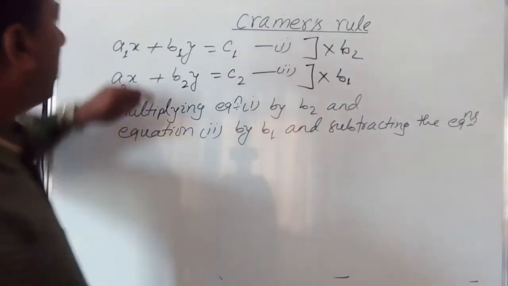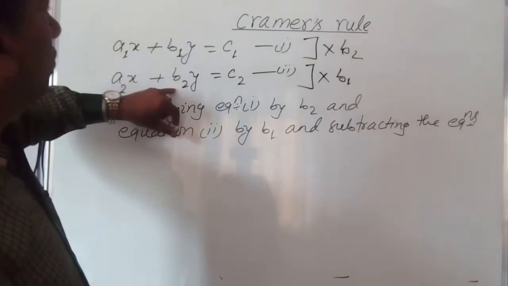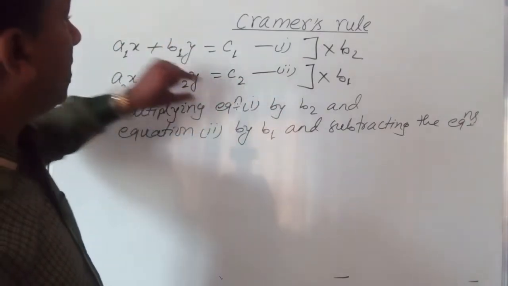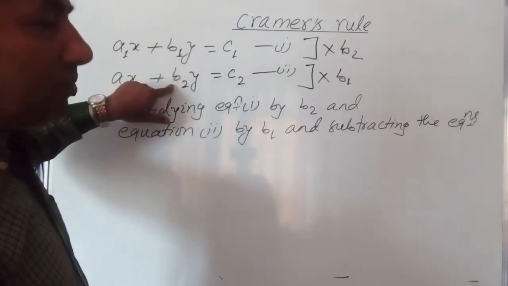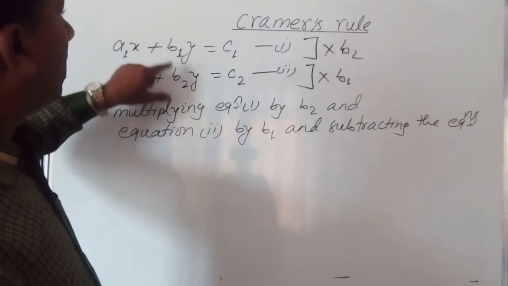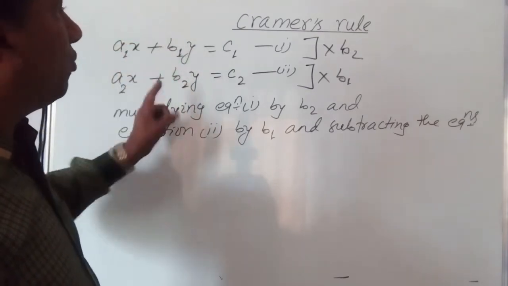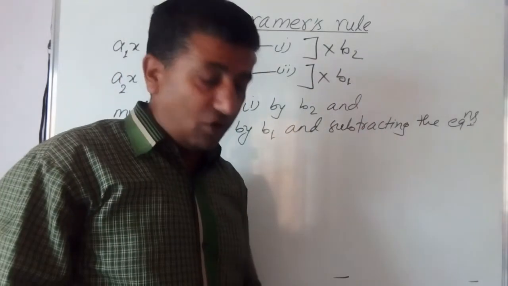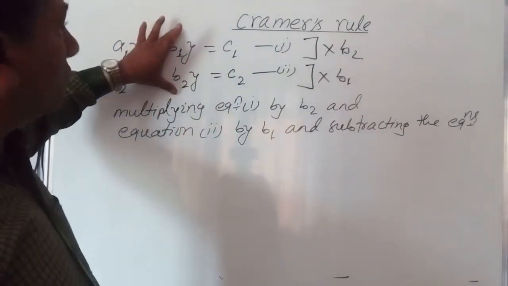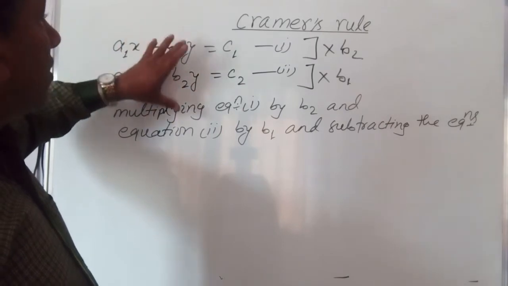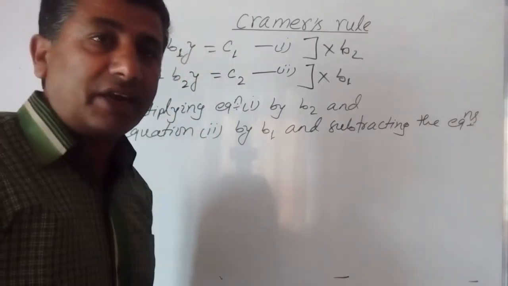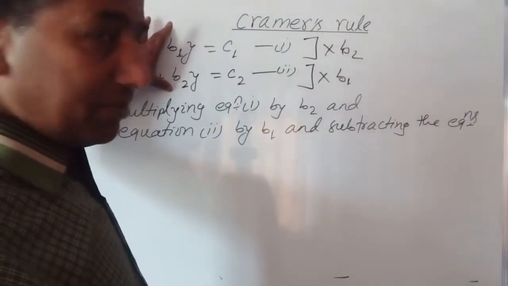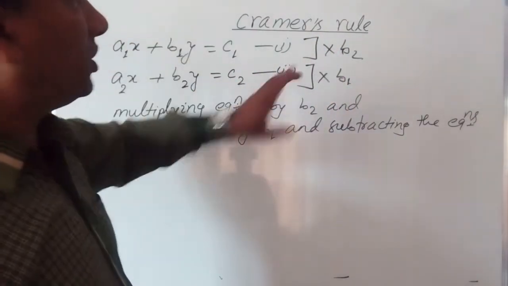If we multiply equation 1 by b2, then here will be b1 b2, and if we multiply equation 2 by b1, then here also will be b1 b2. That's why we multiply equation 1 by b2 and equation 2 by b1, just to make the coefficient of the term y the same. If they are already the same, then it is not necessary to multiply.